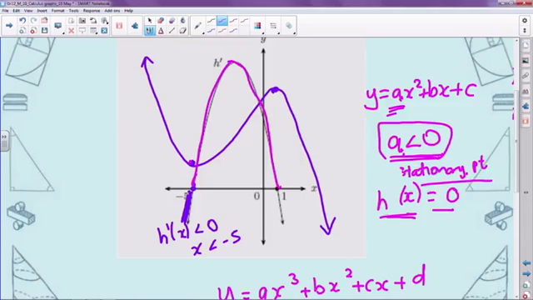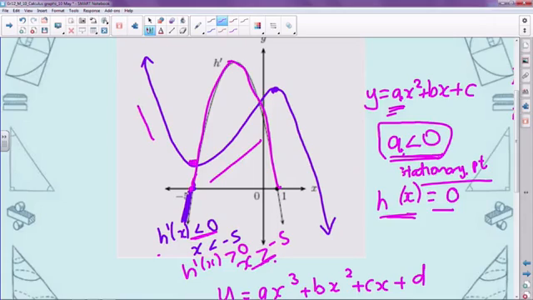So therefore, your derivative is positive when x is greater than negative 5. So that tells me, because the sign of my gradient is changing, it's going from negative to positive, it tells me that the point minus 5 is going to be a minimum turning point.